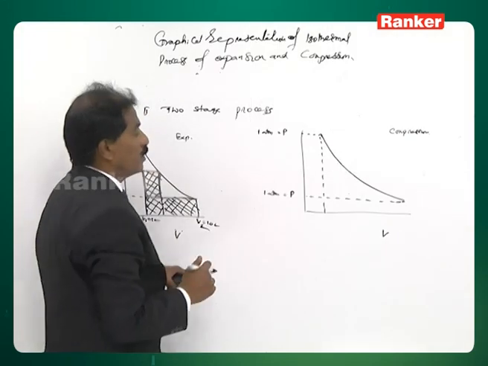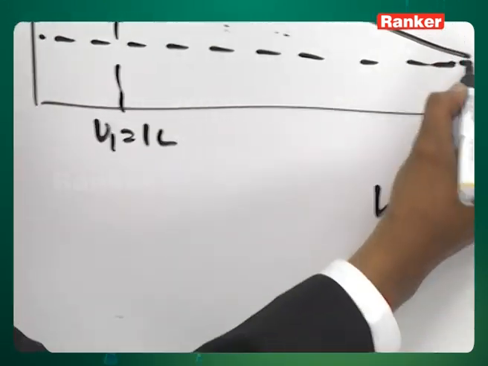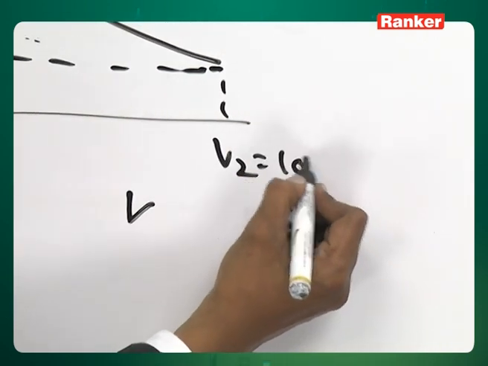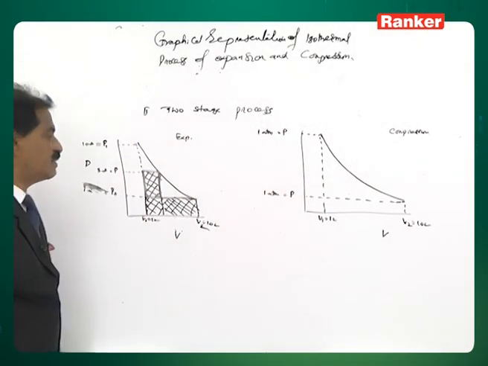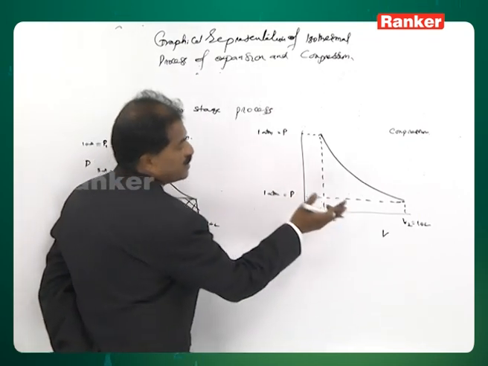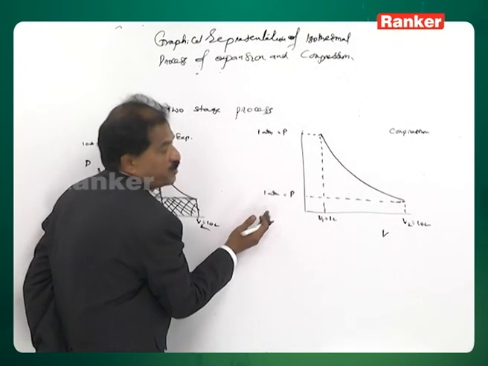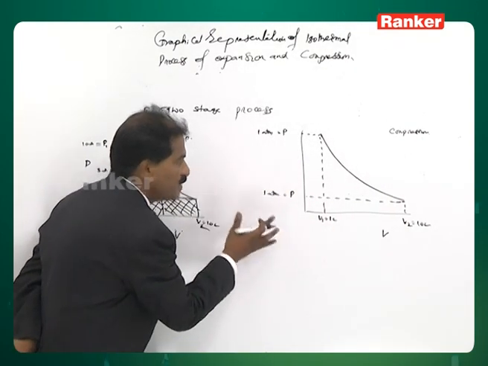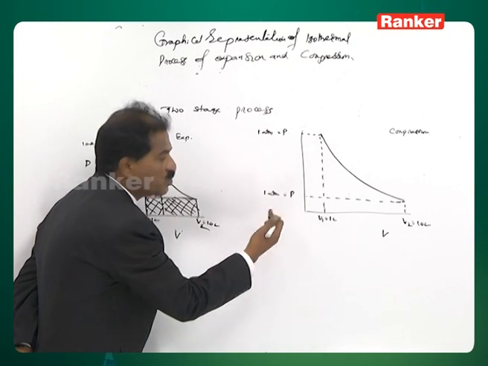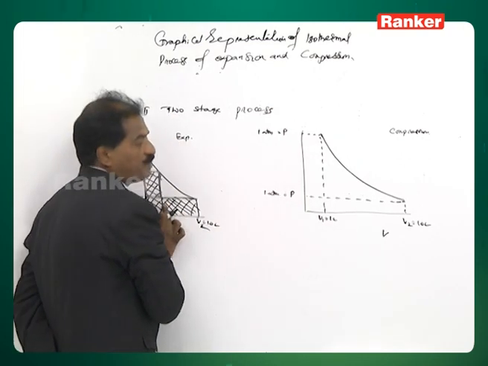V1 is 1 liter, here V2 is 10 liters. Now the gas has undergone expansion to 10 liters in 2 stages. After expansion to 10 liters, again we want to bring that gas back to its original position. In this experiment, we are bringing the gas to the original position in 2 stages, just like in expansion.